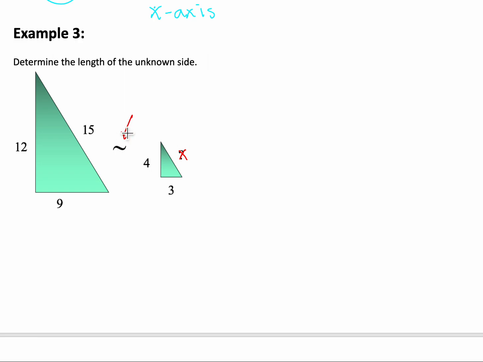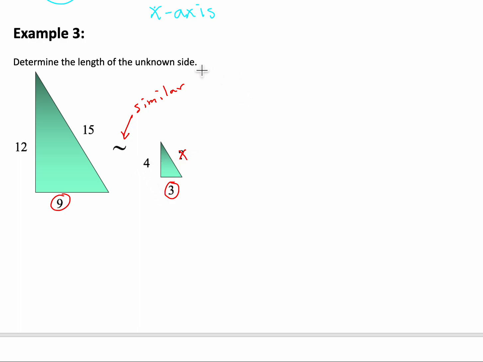Right here, this means it's similar, so those triangles are similar, meaning the angles are all the same, so the shape is the same, but the side lengths are different. So I'm going to look at these two, because these two are corresponding sides.